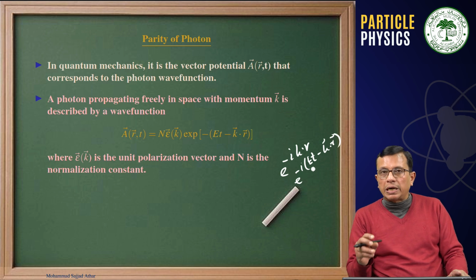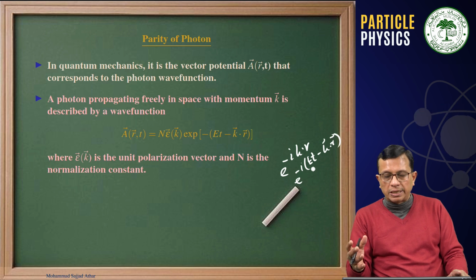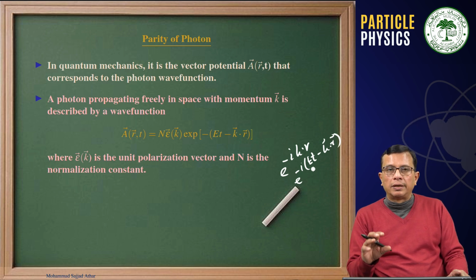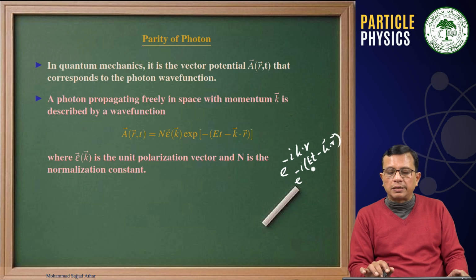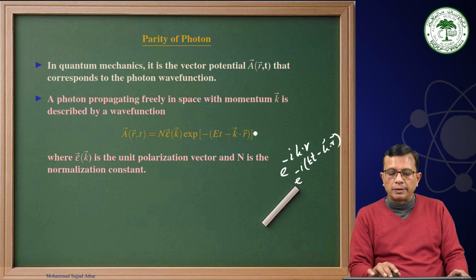We are taking the exponential of some quantity, and we know that we can only take the exponential of numbers. Therefore, under parity operation, this should be a scalar, and that is why nothing will happen to this part.